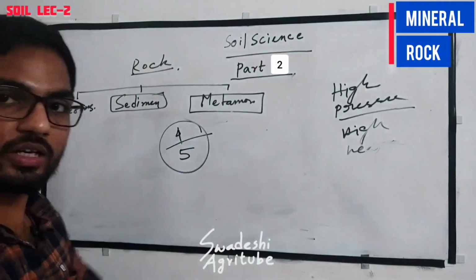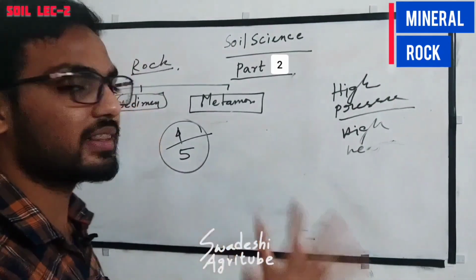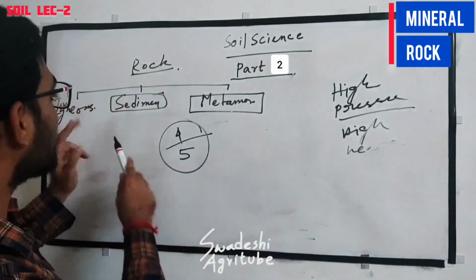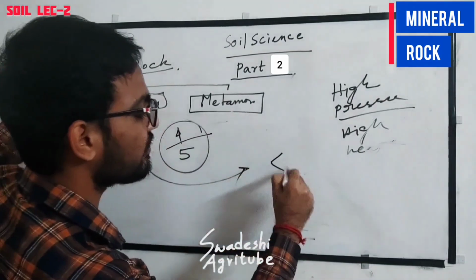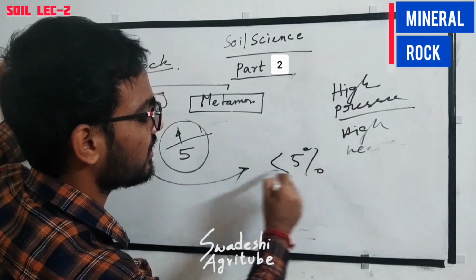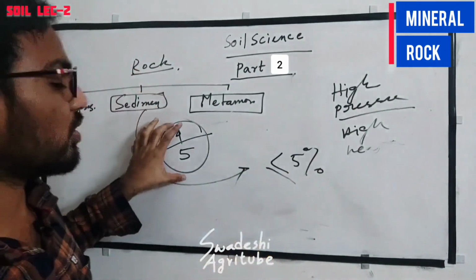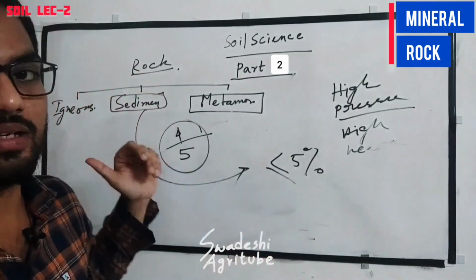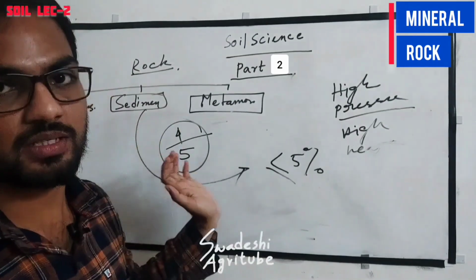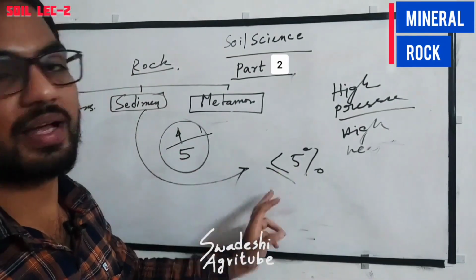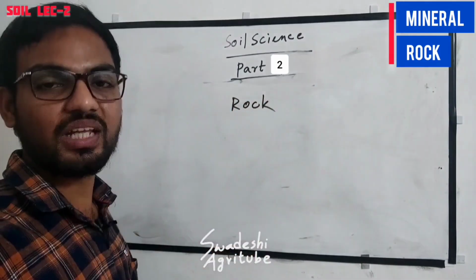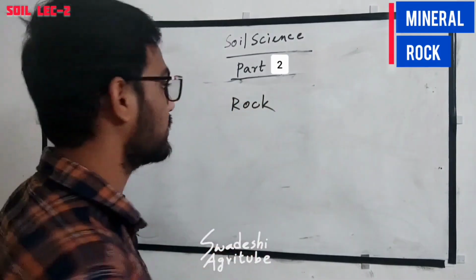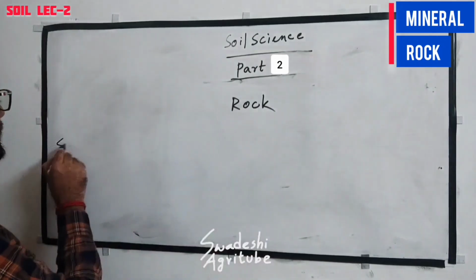Out of 5 volumes, you get 4 volumes as sedimentary rock. But if you look at the constituents, how much percentage of the total rock is actually formed by sedimentary rock, it is very much less, just less than 5%. So you can see the volume is big, but the quantity is very much less.